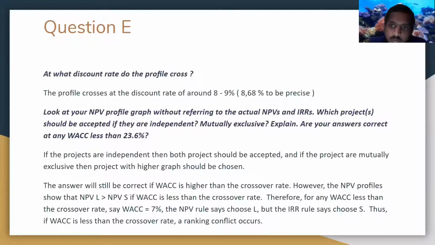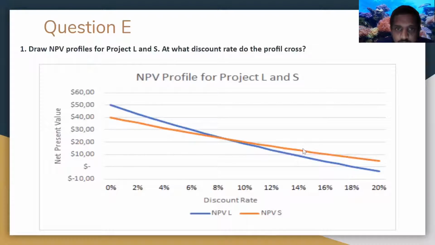Will our answer still be correct if the WACC is less than 23.6%? The answer will still be correct if WACC is higher than the crossover rate. However, the NPV profile shows that the NPV of L is higher than the NPV of S if WACC is less than the crossover rate. So if you can see here, if it's less than 8.68%, project L is higher.